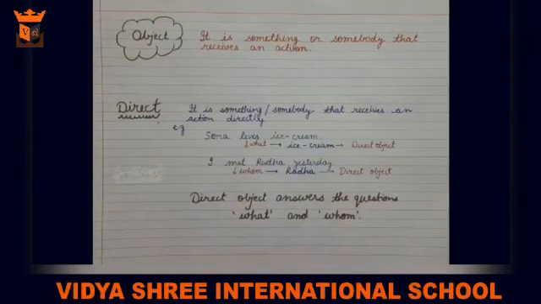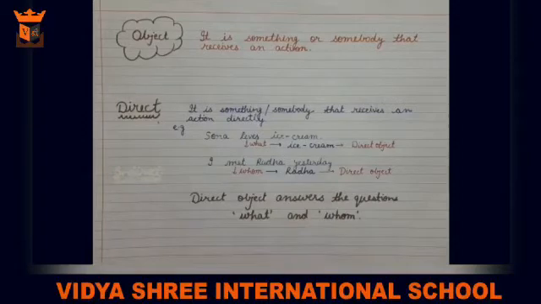It is something or somebody that receives an action directly. For example, Sona loves ice cream. What does Sona love? Ice cream. And ice cream is a direct object.